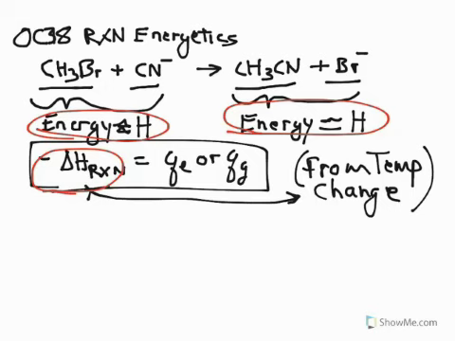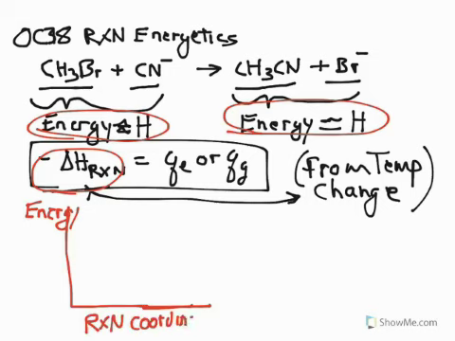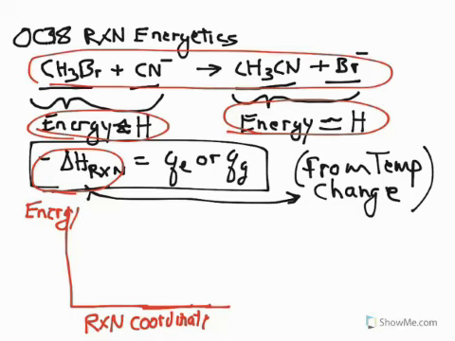So if I make a plot of energy or enthalpy, and you will learn other ways of stating it, it's really Gibbs free energy, but we're using it synonymously with enthalpy in this class. And I put down here reaction coordinate, which really is the amount the reaction has gone, or where it's at in the process of reaction.